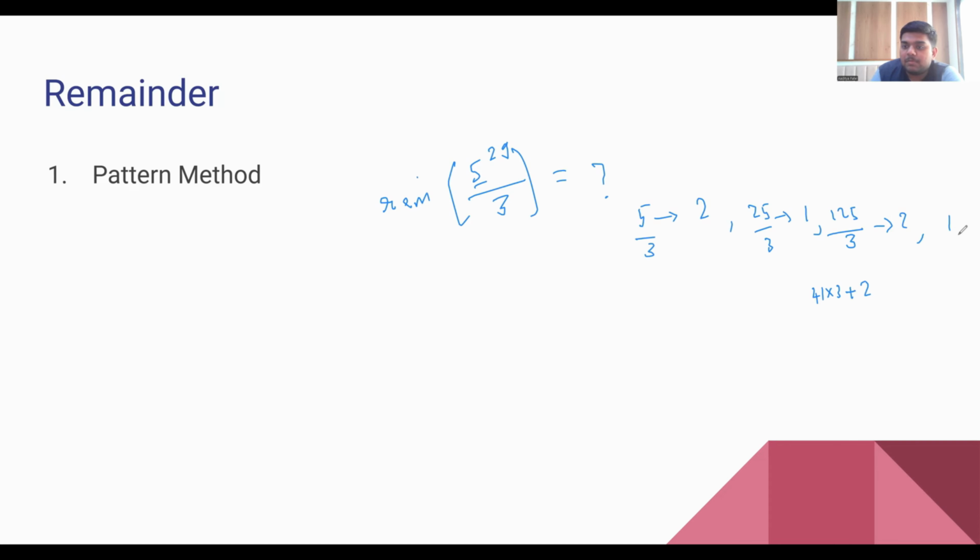Then the remainder will be 1 and so on and so forth. So 2, 1, 2, 1 is the pattern being followed here. So we can clearly see that the exponent is odd. So we will directly comment that the remainder is equal to 2. So this is how you can solve the questions using the pattern method, wherein it is easier to find out the pattern in some of the cases.